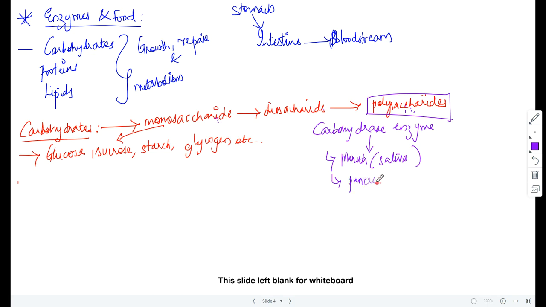Some traces are also found in the pancreas, and sometimes in the small intestine.